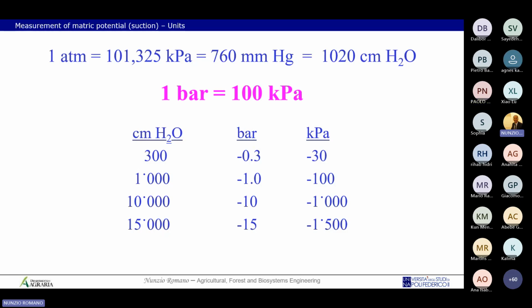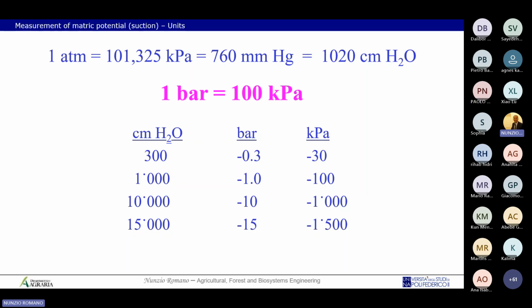But an interesting thing, Paolo, is that you can also collect some wishes from the audience, and in the future we can make a specific talk on a specific topic, for example field capacity and permanent wilting point.